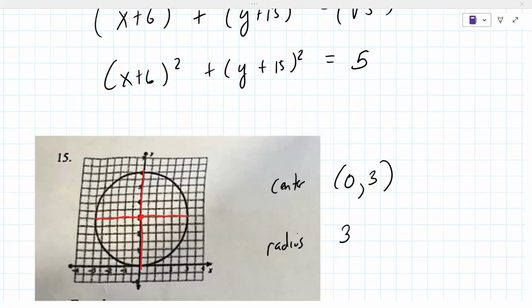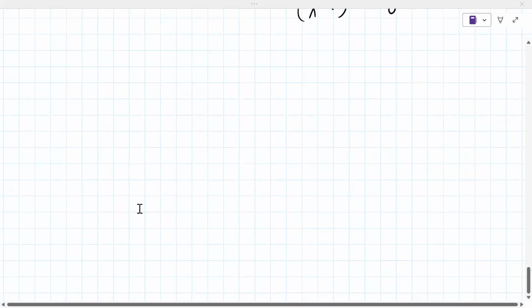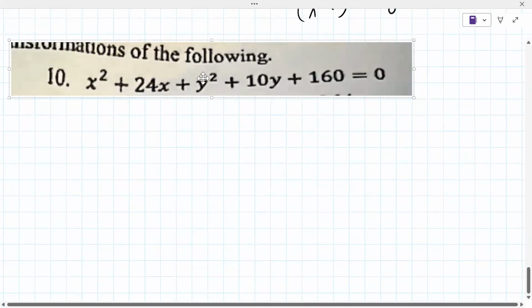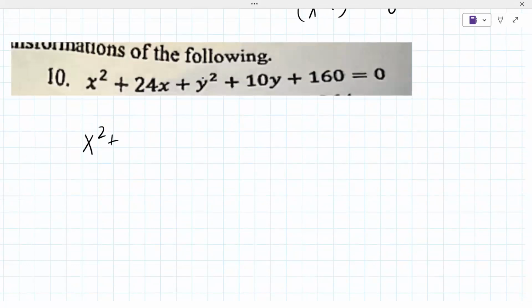So now we're going to do number 10. Do some completing the square. Not super exciting, but this is what we've got. Okay. So completing the square is a formula. It's a recipe. First thing you're gonna notice I'm doing is I'm rewriting this.